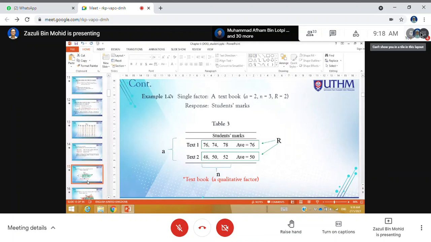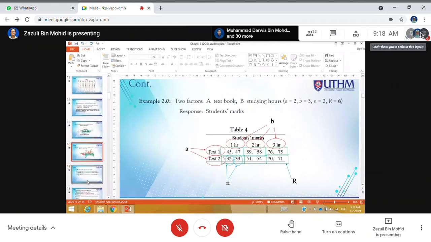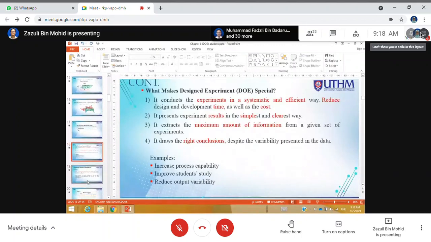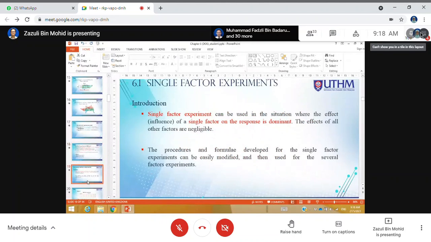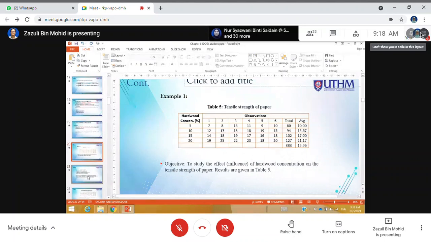For examples in actual real situations, you can look at slides 15 and 20. The next subchapter I am going to explain at the next class, but before that, please read these slides first, and maybe you can ask during the class about the content in these slides.